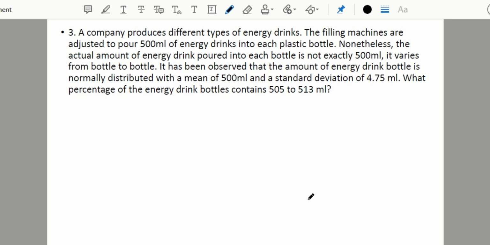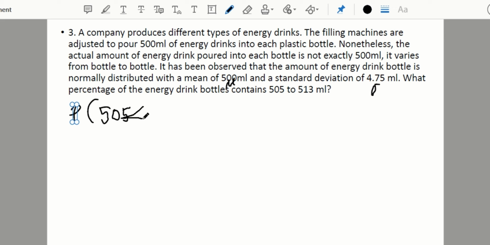It has been observed that the amount of energy drink is normally distributed with a mean of 500 ml. So this is our population mean, and a standard deviation of 4.75 ml. What percentage of the energy drink bottles contains 505 to 530 ml? So of course we are asked to find the percentage.